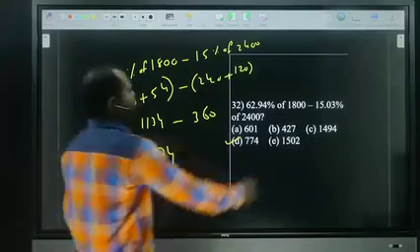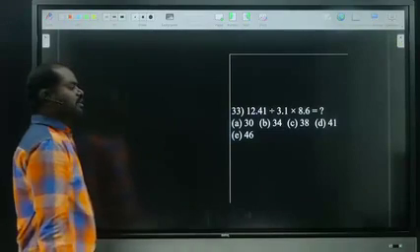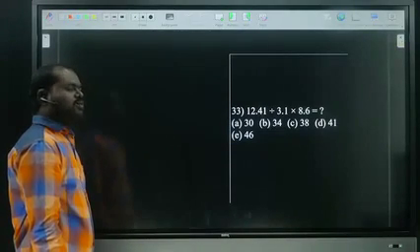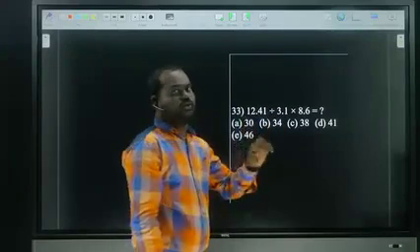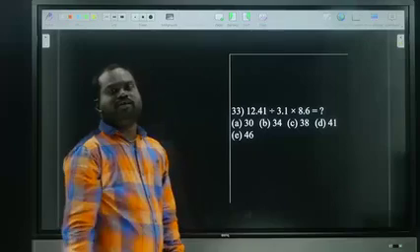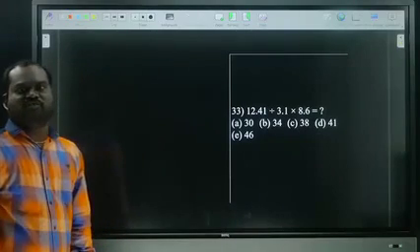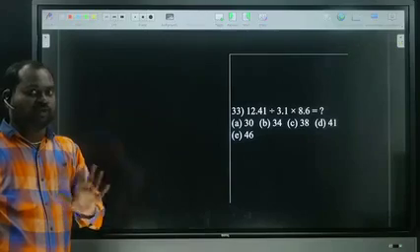Now next. 12.41 divided by 3.1 multiplied by 8.6. In this problem, there are two symbols, division as well as multiplication. So first of all, what I said: when there is division or multiplication, first of all don't solve.